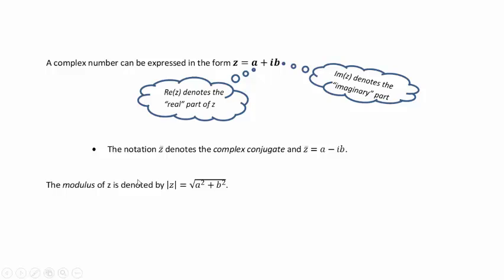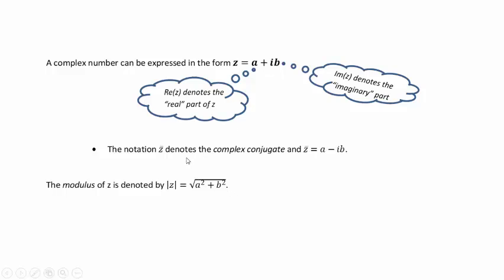Another vocabulary word, modulus. The modulus, you can think of that as the absolute value. I'll show you a picture in a minute why that is, but when we graph this, it will make total sense if you think about right triangles. The modulus, the absolute value, what you do is you take the square root of the real part squared plus the imaginary part squared.